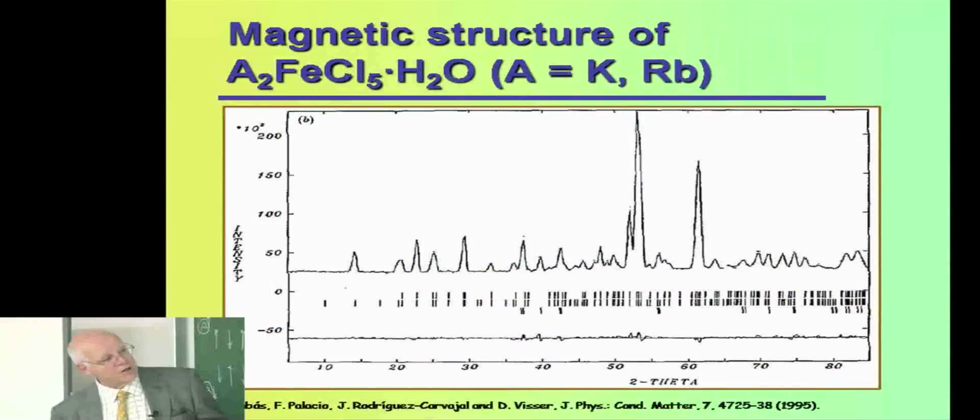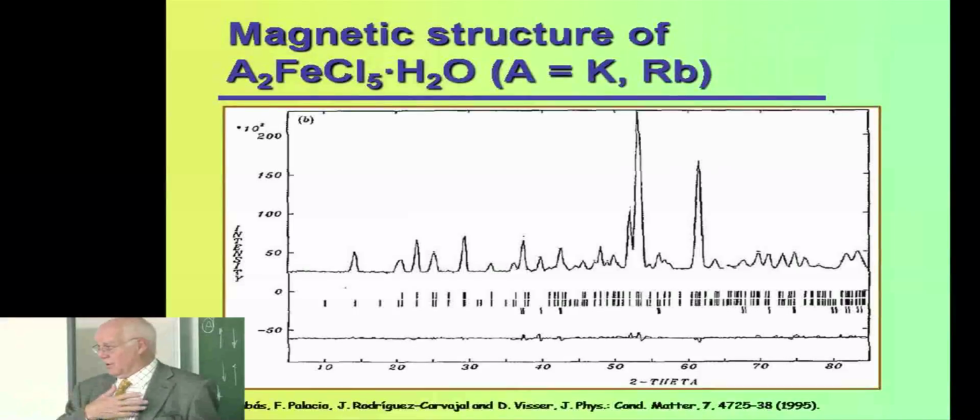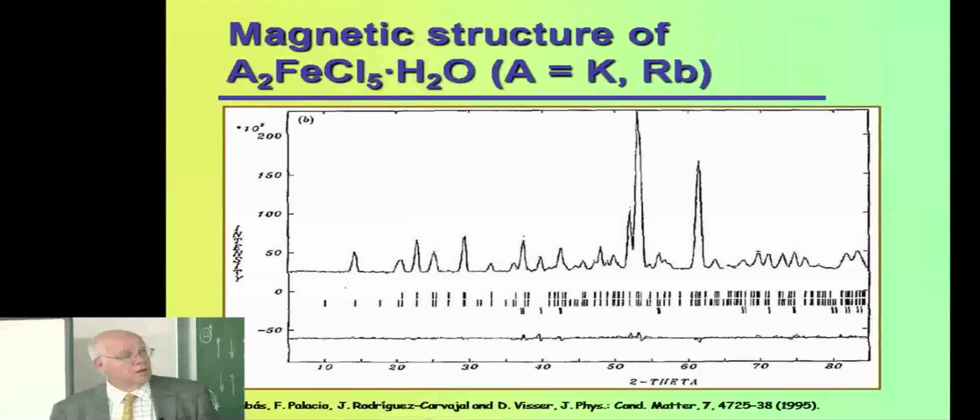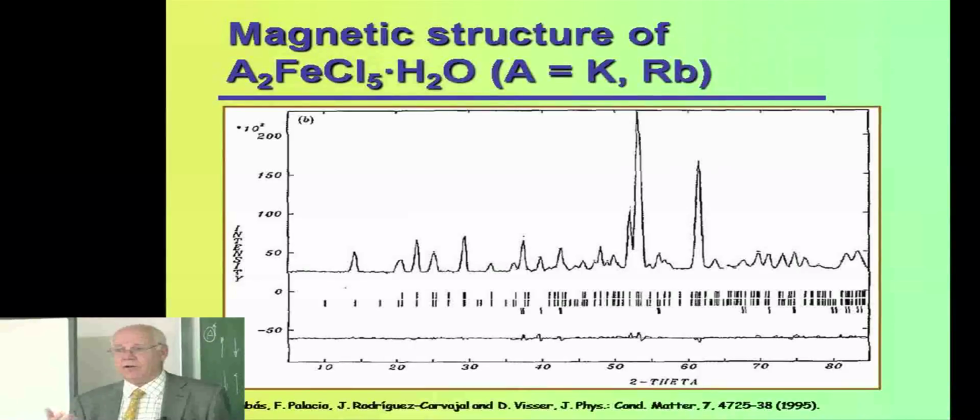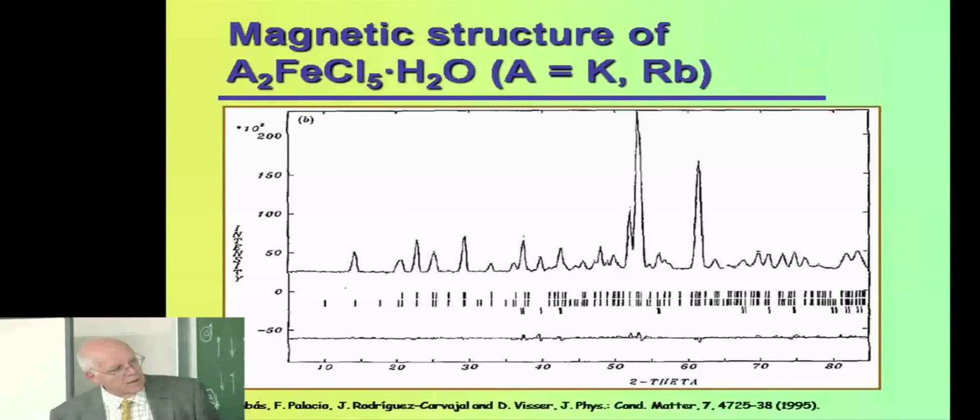And this is what we get. We get the diffraction pattern. You are familiar with this from powder crystallography. Then, if you do a Rietveld analysis, you can get the nuclear structure, and these lines underneath are the Rietveld analysis for the magnetic structure.